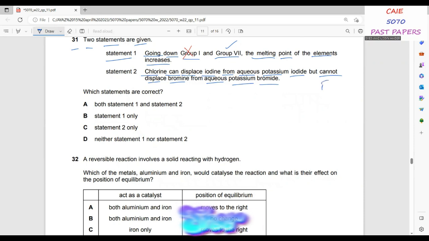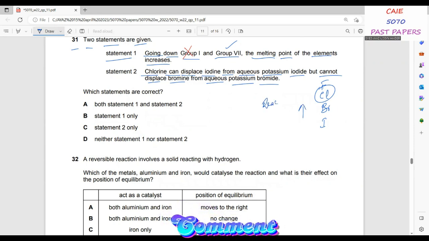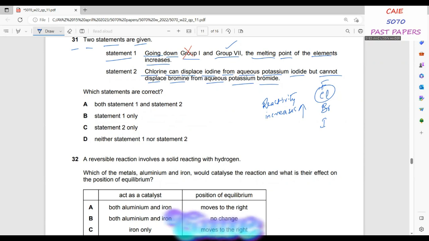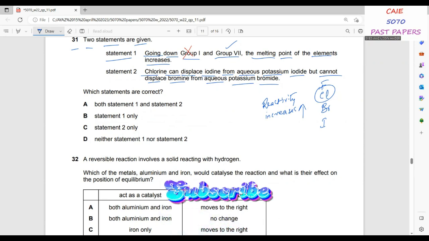chlorine can displace iodine from aqueous potassium iodide, but cannot displace bromine from aqueous potassium bromide. If you see the position of chlorine in group 7, it is above both bromine and iodine. So reactivity increases up the group. The elements at the top of the group displace elements below them from their compounds.